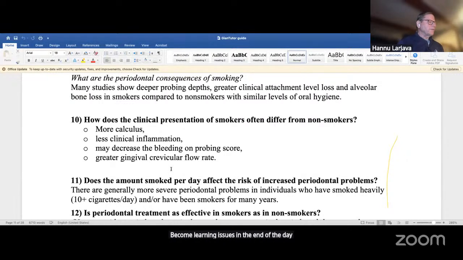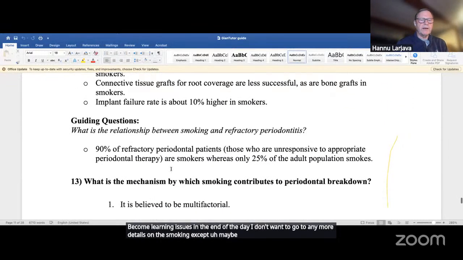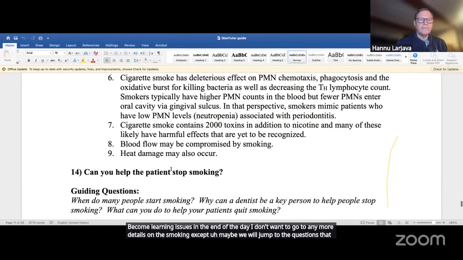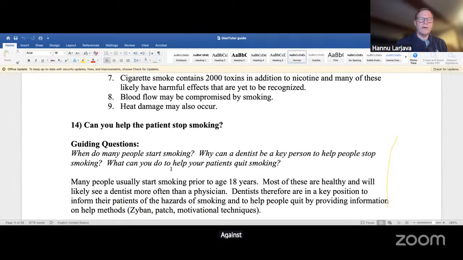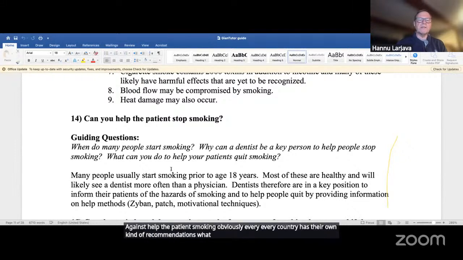So I don't want to go into any more details on smoking, except maybe we will jump to the question of how we can help the patient who smokes. Obviously, every country has its own recommendations on what we should do with smokers in the dental office, and I'm sure that in India you have your own recommendations for getting them to quit smoking.